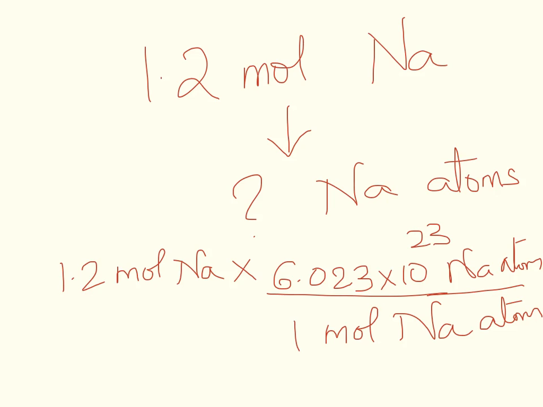So 1 mole of sodium atoms, 1.2 moles of sodium atoms. So moles of sodium atoms and moles of sodium atoms cancel out, and we end up with 7.2 times 10 raised to 23 sodium atoms.